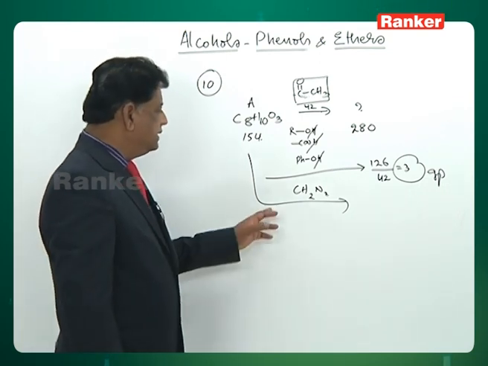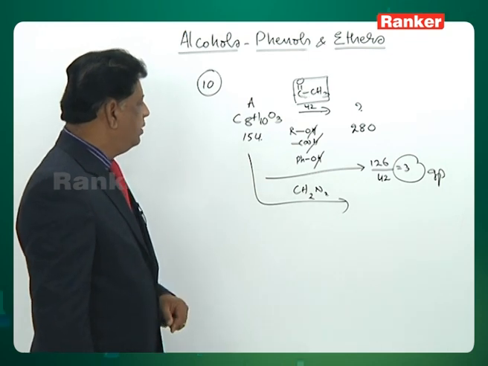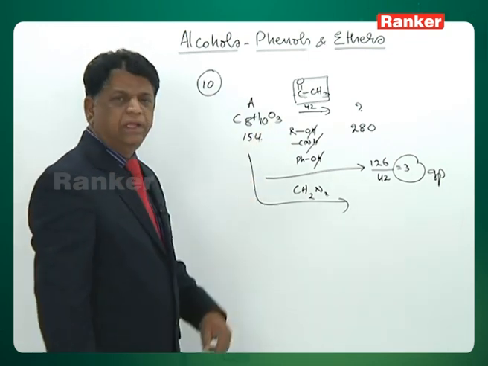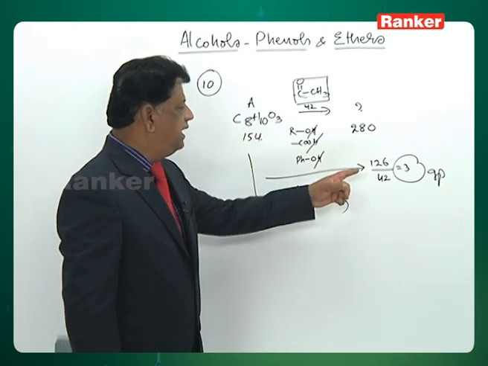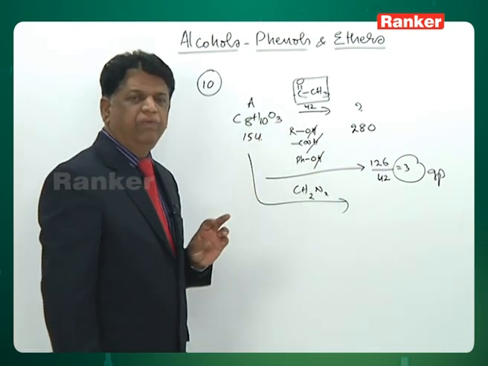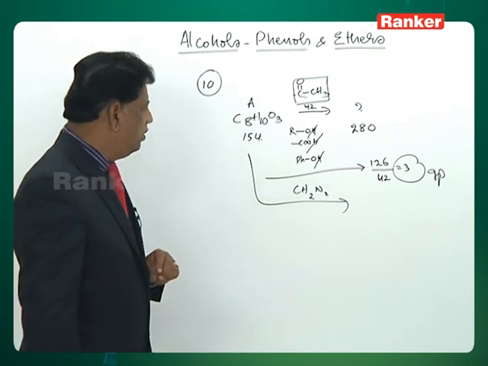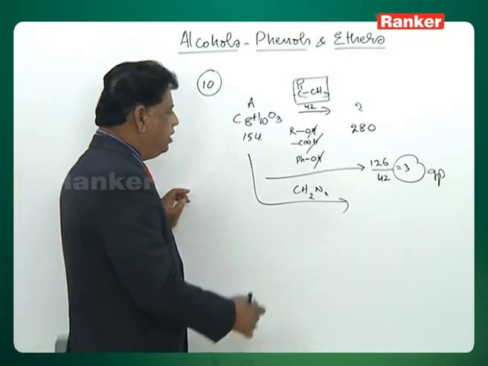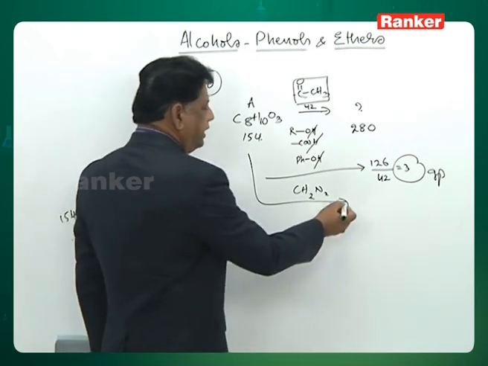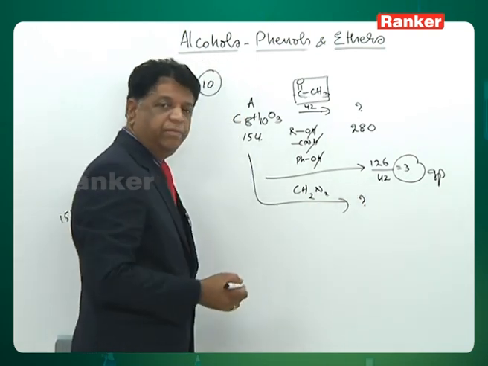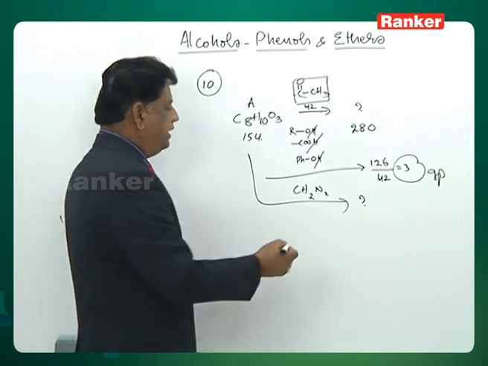But let us say it is a phenolic group, because there are not so many other OHs there. So therefore 3 OHs reacted, it must be phenolic and not alcoholic, not the acidic group. Now the CH3CONH2 also gives another product whose molecular weight he mentioned already, it is 280.